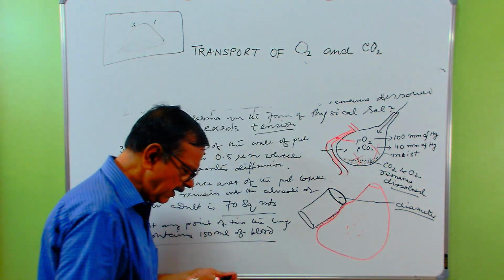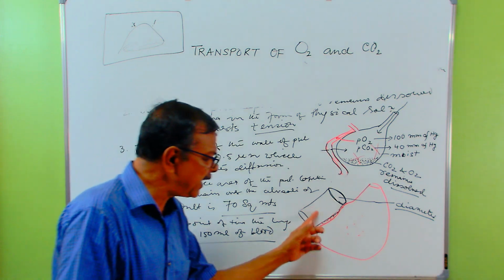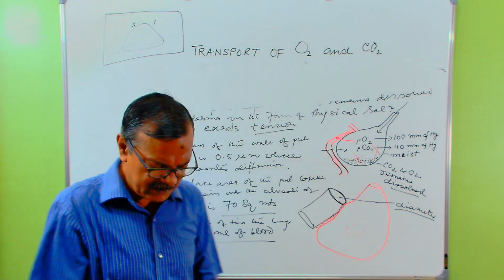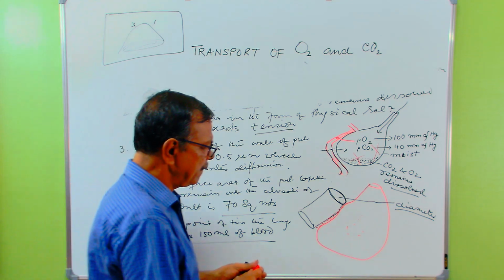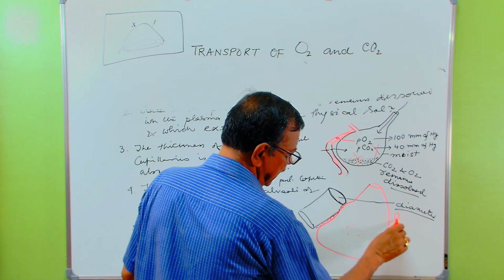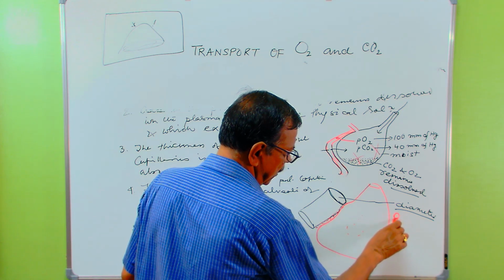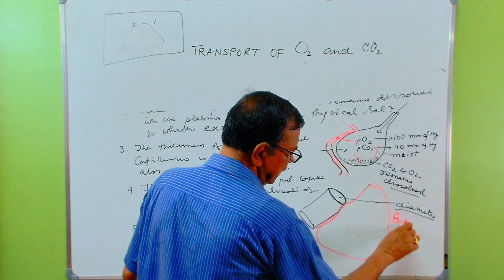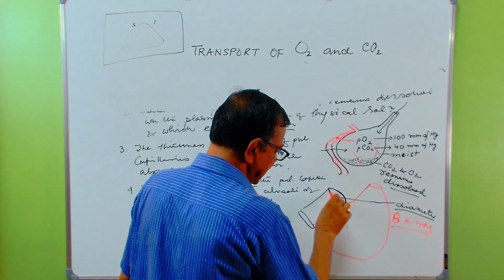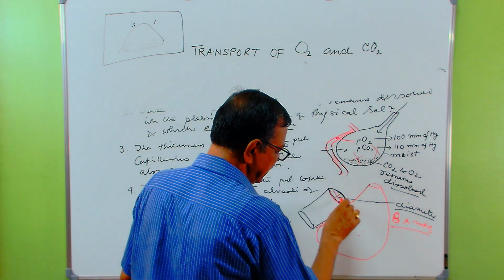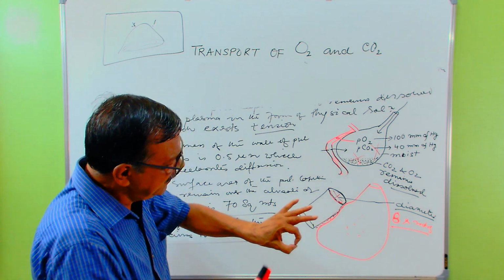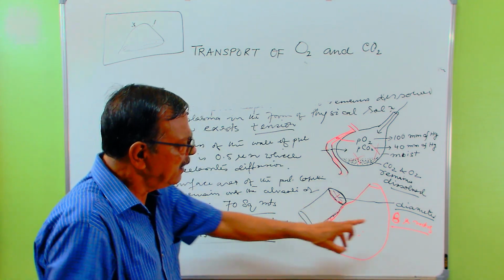The diameter of the pulmonary capillaries which cover the entire lungs is, write it, 8, not 0.5, 8 mu meter. The diameter is 8 mu meter.